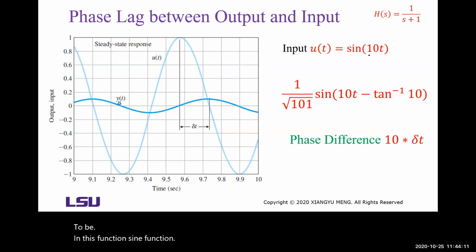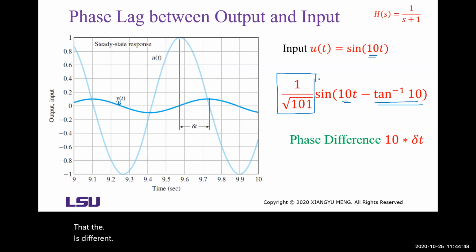We see they have the same frequency, which should be 10, but the phase of the output is lagged, delayed by arctangent of 10. Then the amplitude is different.